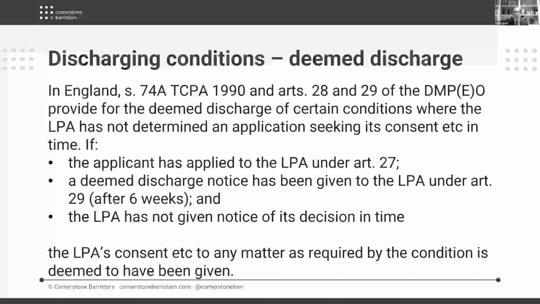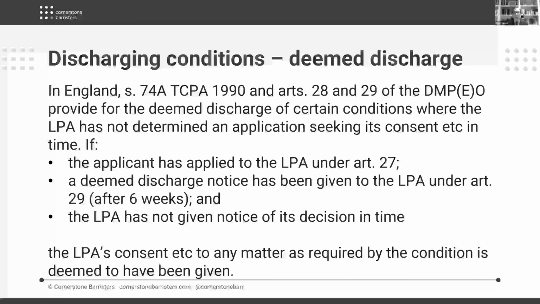In 2015, the government was in one of its sort of pro-development frames of mind. It seemed to go back and forth depending on whether you're a Shire Tory or not. And it decided that it was fed up with local planning authorities, as it saw it, not determining discharge of condition applications quickly enough.